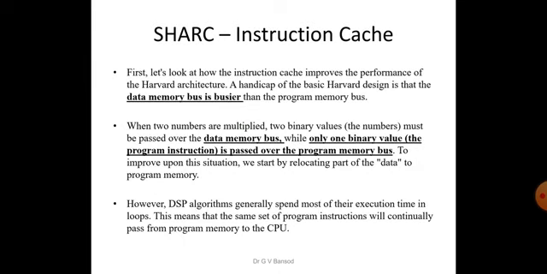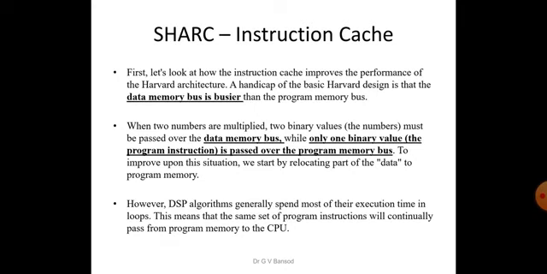So let's talk about the instruction cache a bit. As you know, in the basic Harvard design, where we have multiple address and data buses for the program memory and the data memory, my data memory bus is busier than the program memory bus, because a lot more data flows into the system compared to the program memory, which executes only the program instruction.